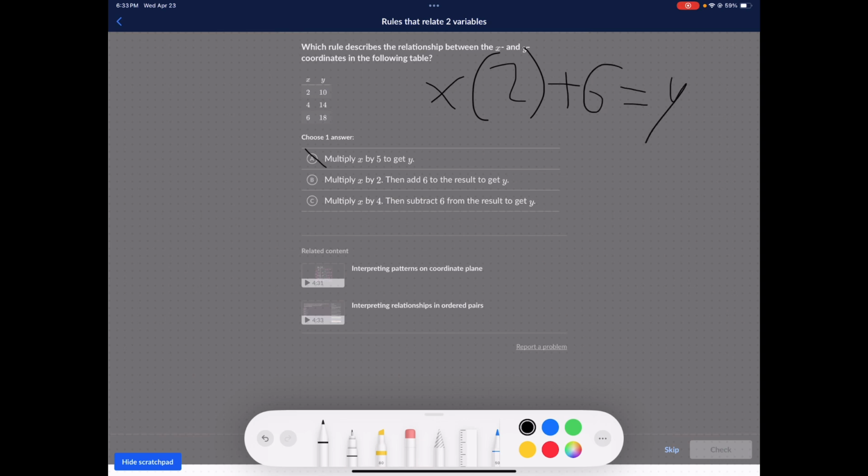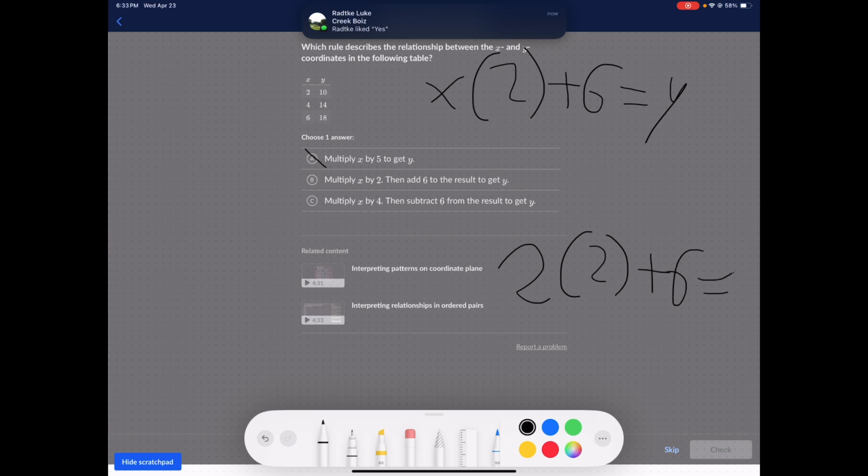So if we plug in x right here, and plugging in basically just means replacing the variable with its value. Since x is 2 here and y is 10, we plug in the numbers. So, is this correct? If you said yes, good job.